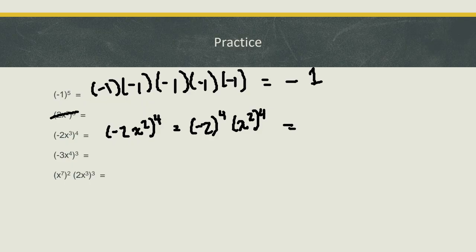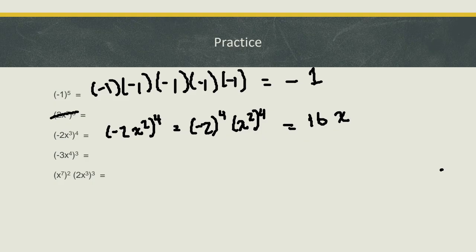Basically -2 to the power of 4 is an even amount of negatives, right? So it should be a positive overall, and then 2 to the power of 4 is going to be 16. So 16 positive.